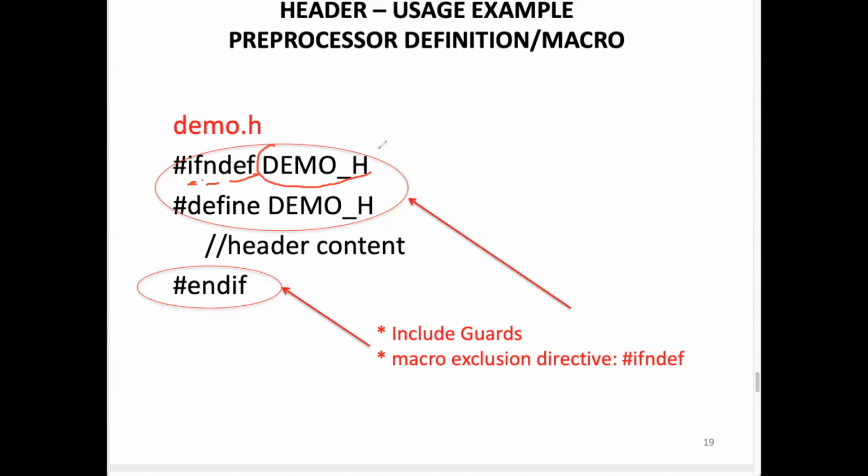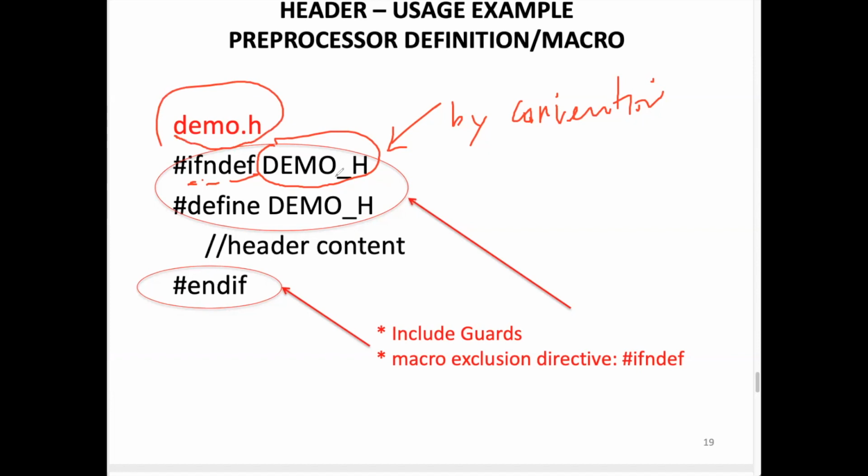So basically what you do is by convention, you would capitalize the entire header file name and use an underscore to define this macro, or a macro global variable, called DEMO_H. The preprocessor will store this somewhere and say, if not defined before, define this now.